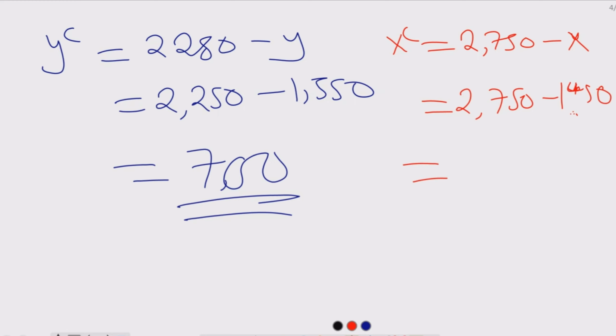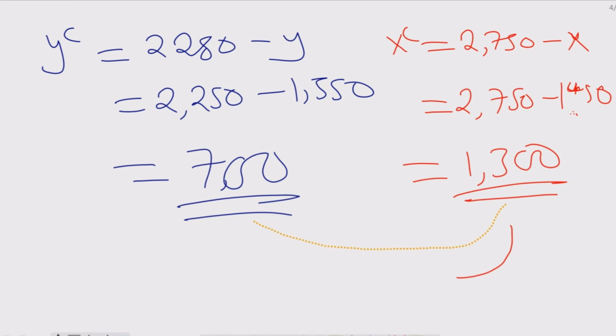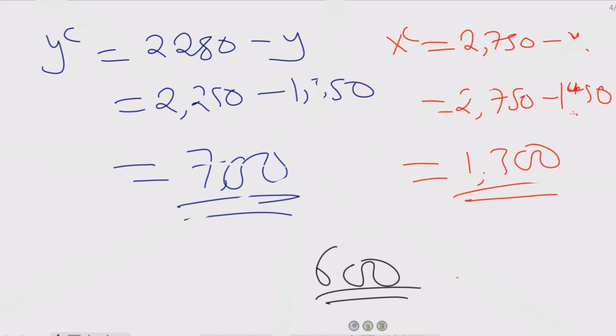The difference is basically 1,300. From this 1,300 we subtract 700, and we get the difference, which is 600. So basically, this is how you deal with this kind of question.